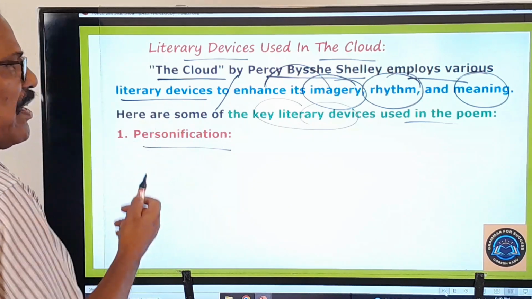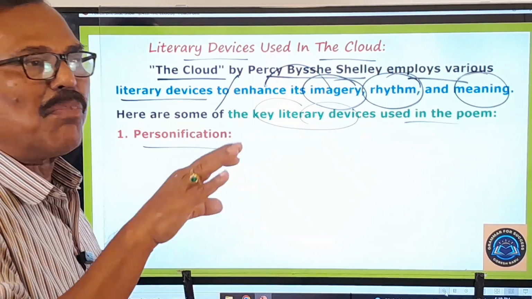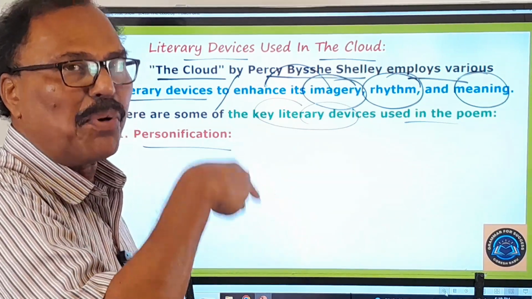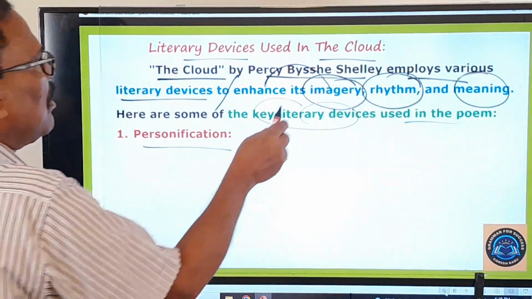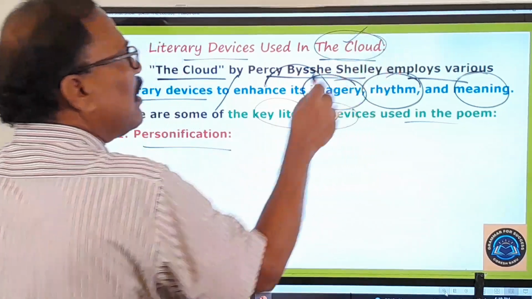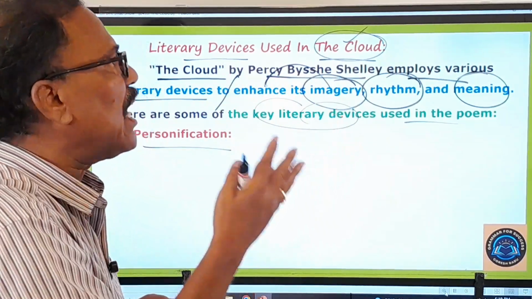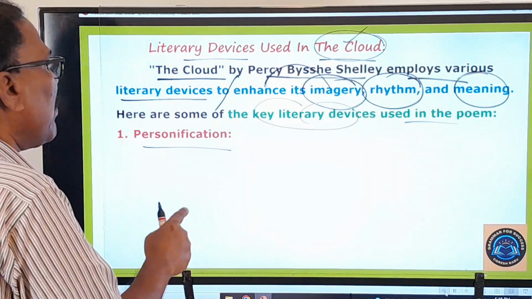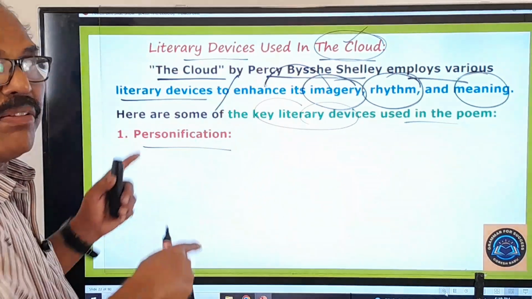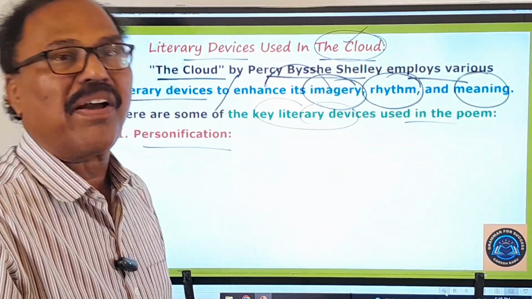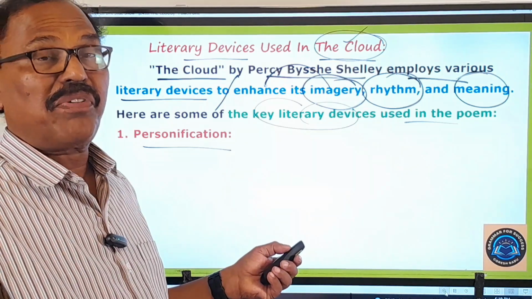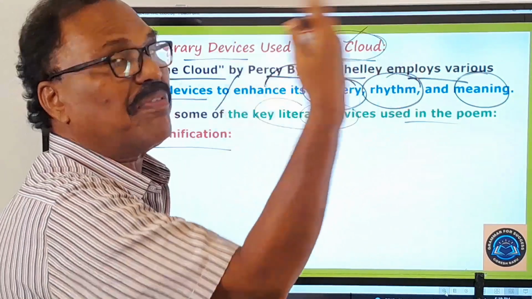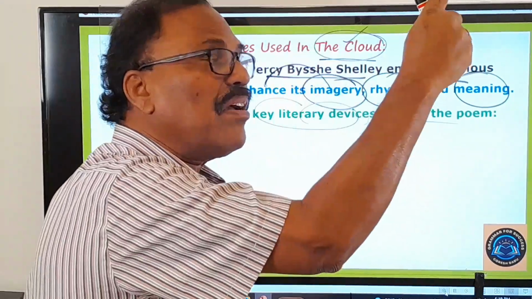Personification is the most predominant literary device used in this poem, because this cloud is attributed human traits, human emotions and feelings, and in this way, in this entire poem, this cloud has been personified. Personification means attributing human traits, human emotions, human feelings to non-living objects.